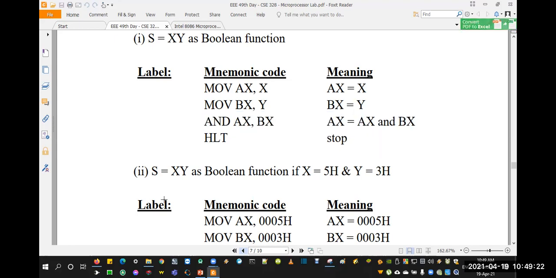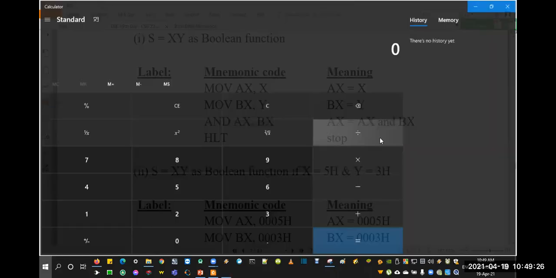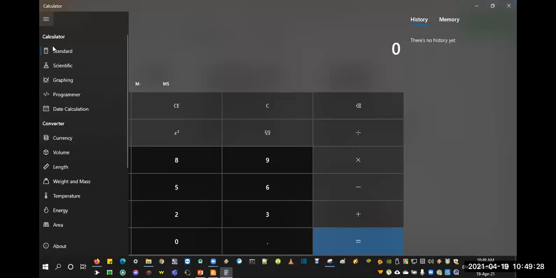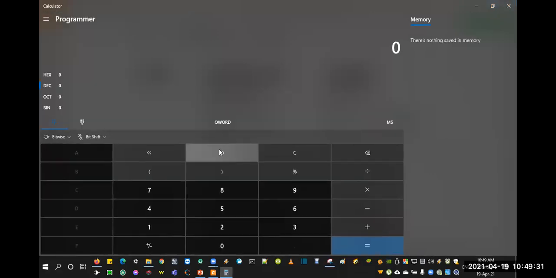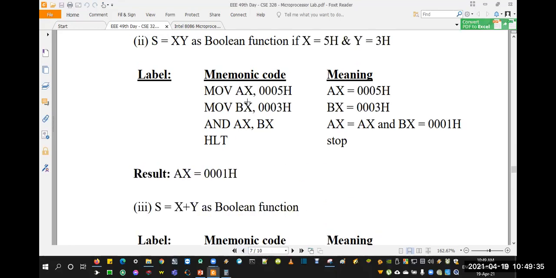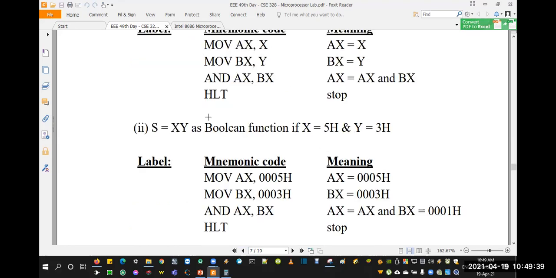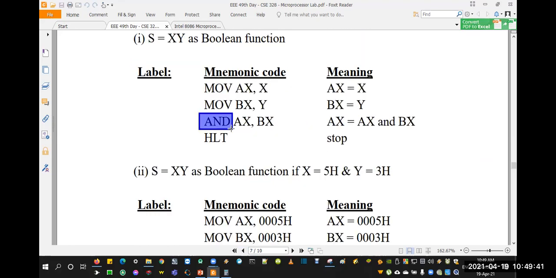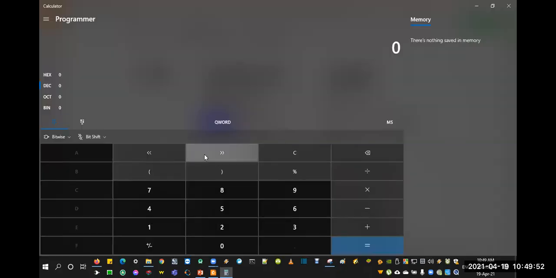Now what is the difference? AND means logical multiplication, and MUL means arithmetic multiplication. What is the main difference between them?